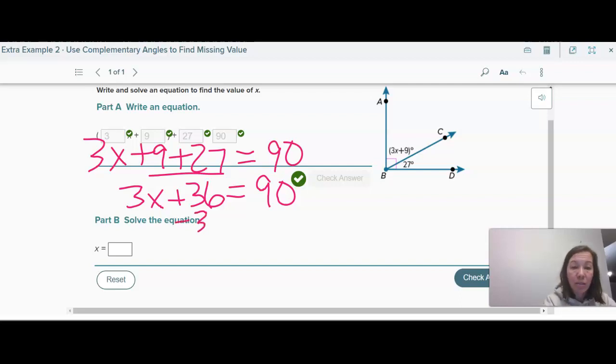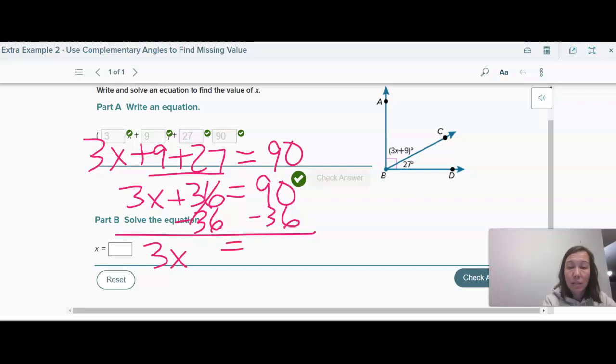Now we can subtract 36 from both sides. Again, do one step at a time. Don't try to do too much in your heads. And this is 54. Now divide both sides by 3, and we get that x equals 18.